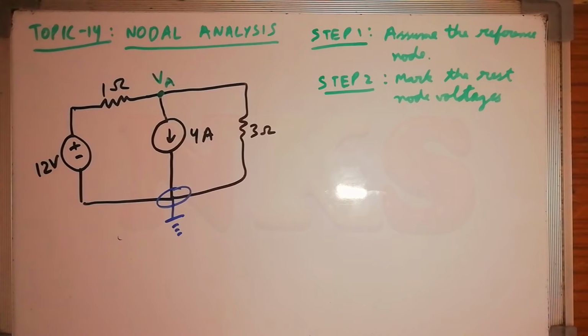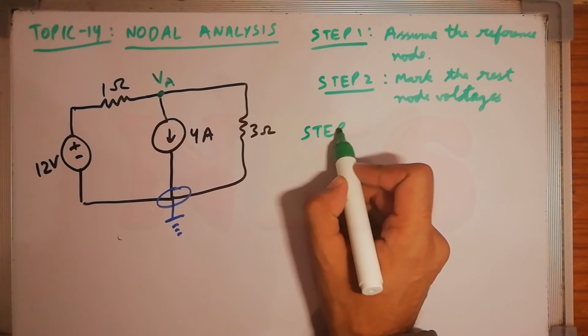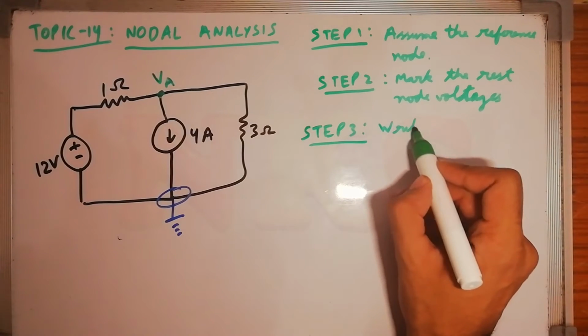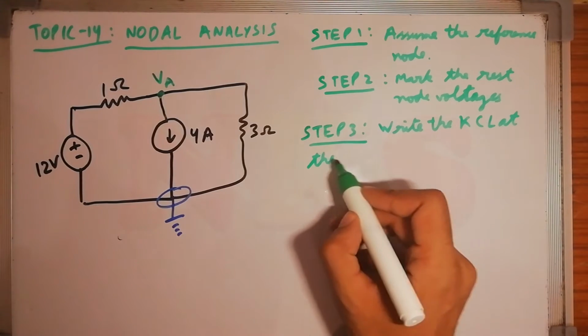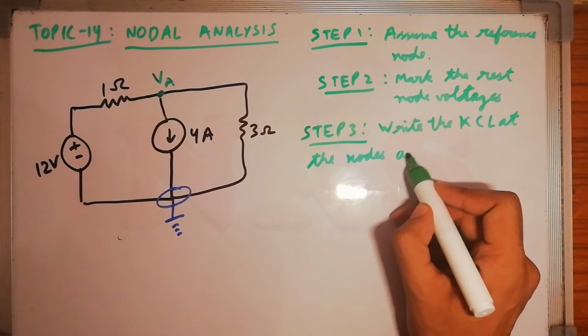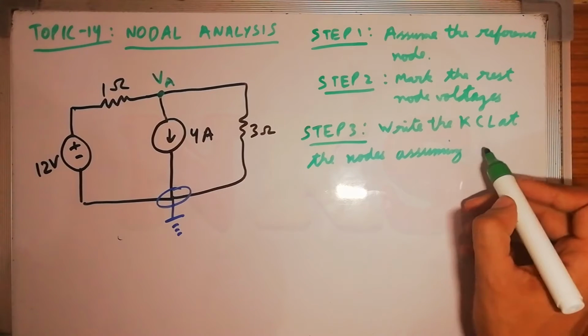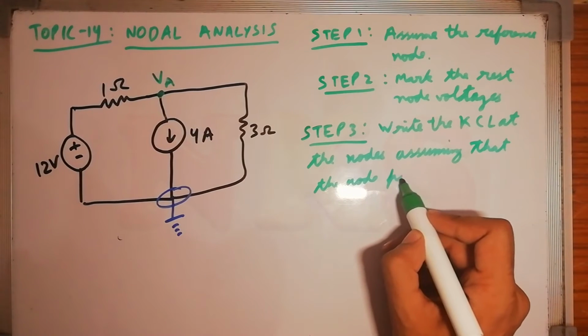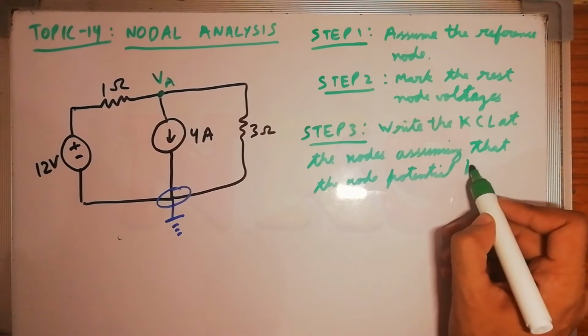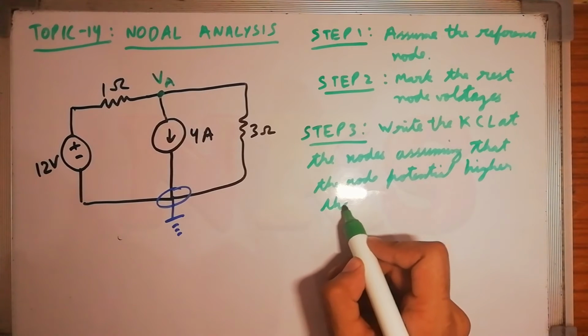So step 3 is to write the KCL equation at each node, assuming that the particular node is at higher potential than other nodes.